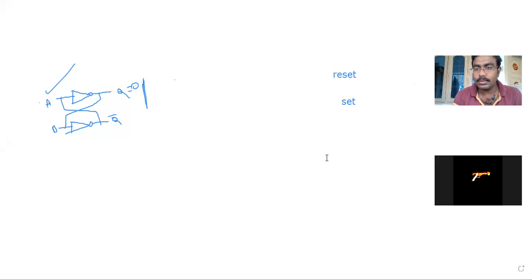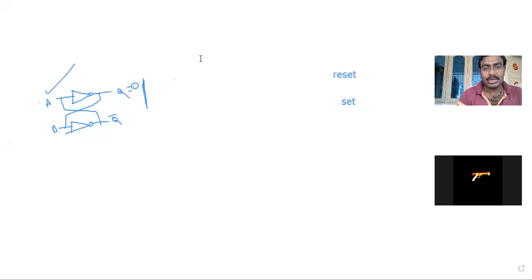The reset state, or 0 state. If the output is 1, what do we call it? 1 state, or we can call it set state. That is what I want you to remember in the 1-bit memory cell, guys.